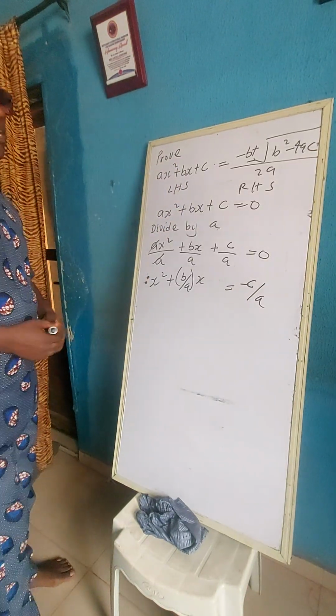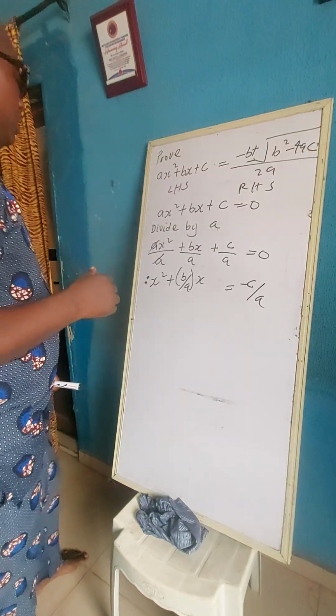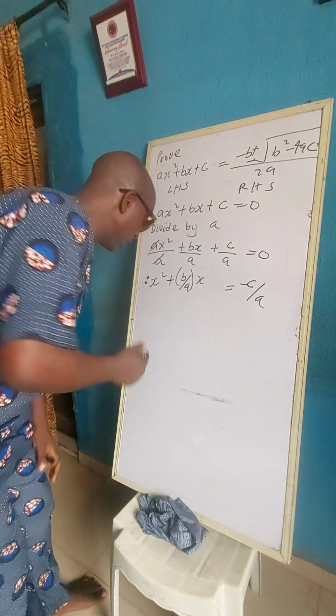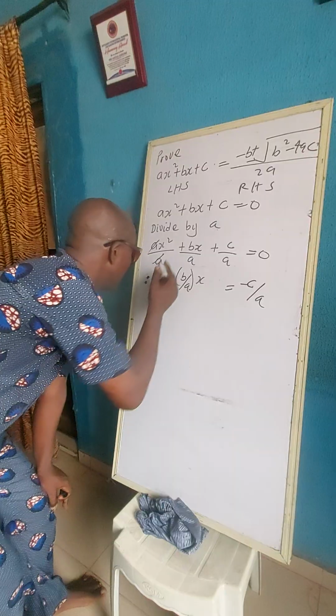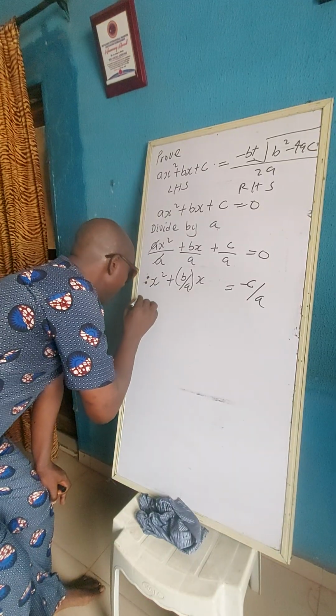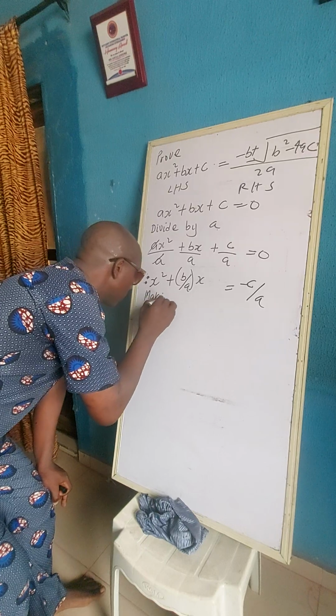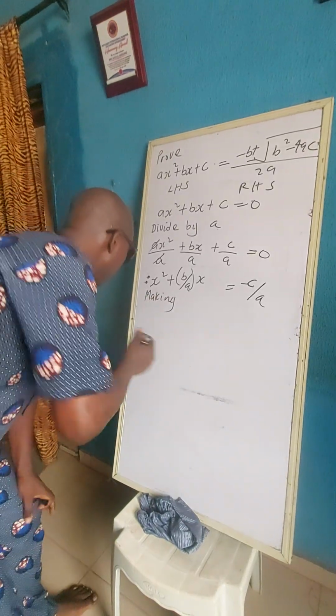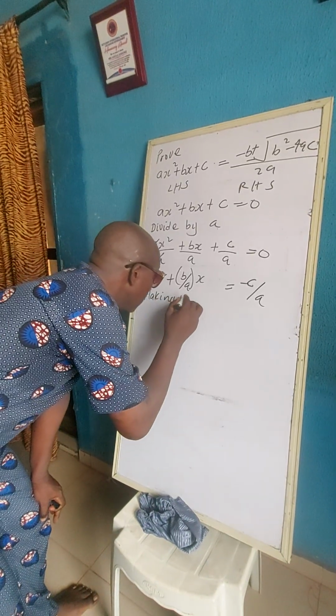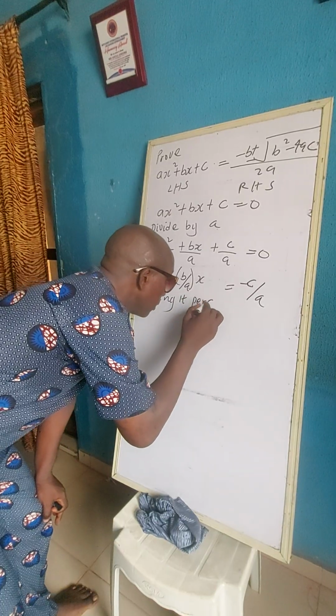I want to make this one a perfect square, like I normally said, and we balance it.